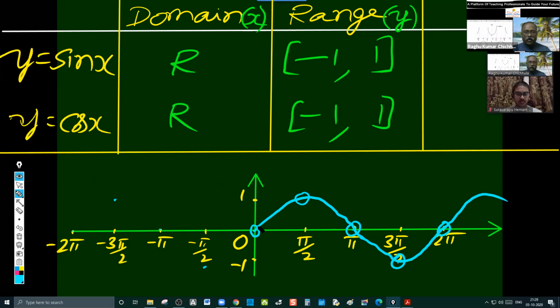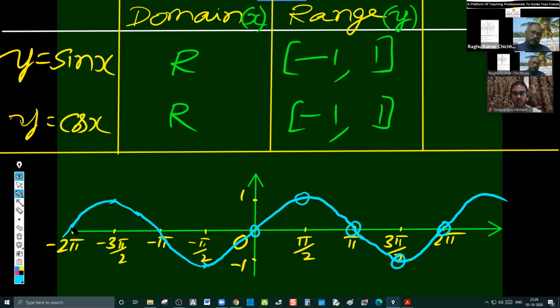It's a continuous process because its range is lying between -1 and +1. So this is the graph of the sine function.